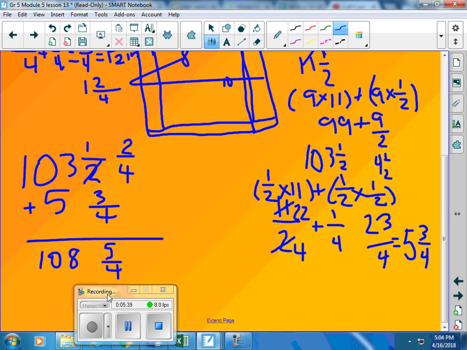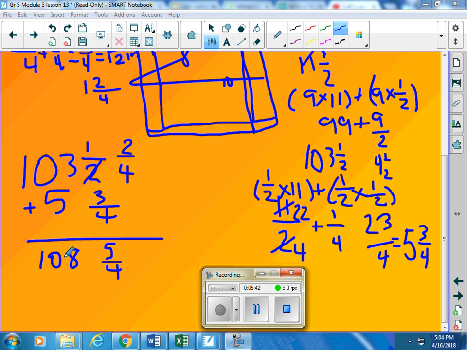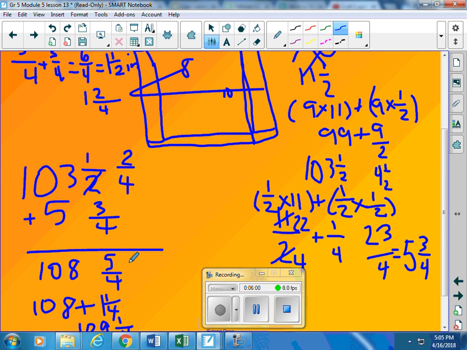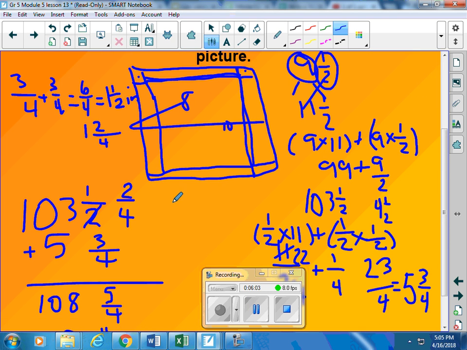But I still cannot leave this 5/4 that way. So I have 108 wholes plus 4 goes into 5 one time with 1 left over. So that gives me 109 1/4. So that's the whole picture and the mat around it.